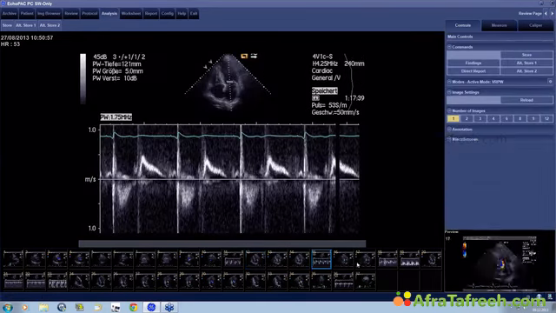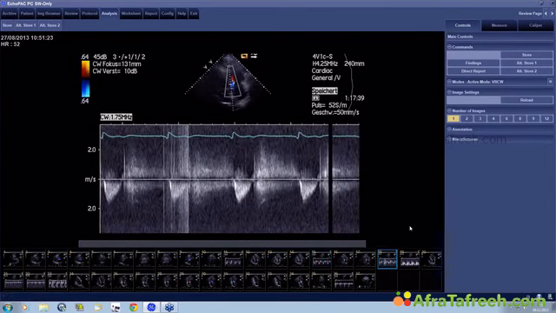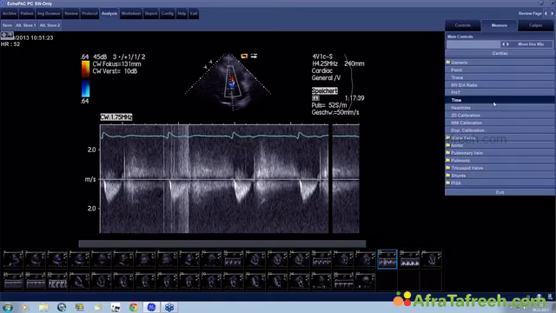And if you measure the parameters that we did previously, we compare the beginning of the QRS complex with outflow. Here we have 77 milliseconds. We've almost normalized the aortic electromechanical delay. So everything is really nice in this patient now, and he is what we would call a so-called super responder. In other words, we've almost healed the patient with the help of CRT therapy.